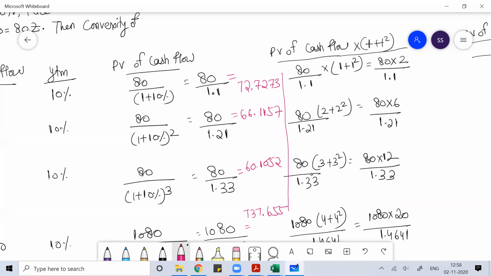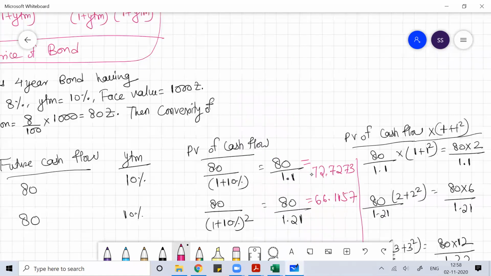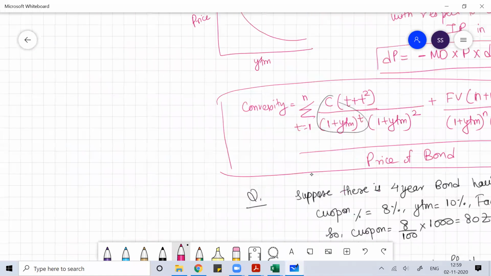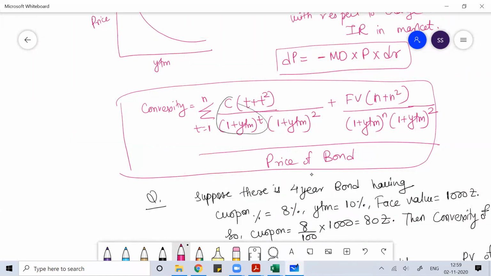So we have understood how to determine the convexity of the bond mathematically. What is the formula for that? How to determine that part? So this is the formula of convexity. Anyone, any doubt?